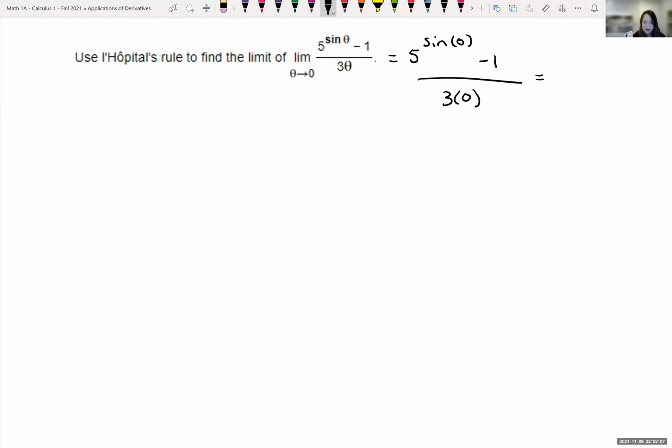Sine of 0 is 0. So this gives us 5 raised to the 0 minus 1, all over 0. Well, 5 to the 0 is 1. And so 1 minus 1 is 0, all over 0. So it's that indeterminate form where we can use L'Hopital's rule.